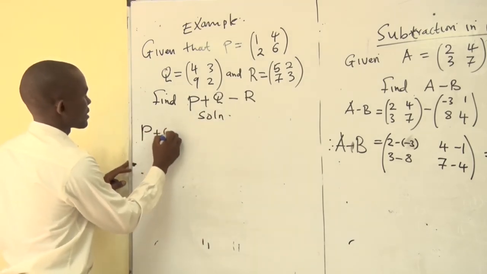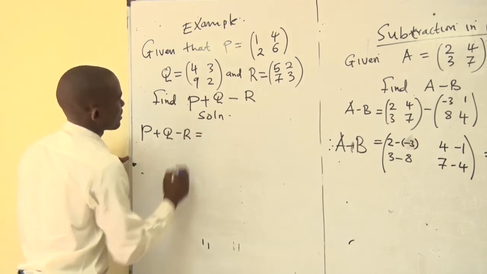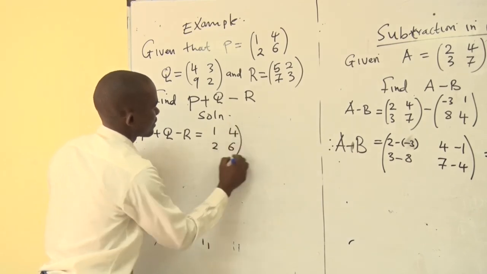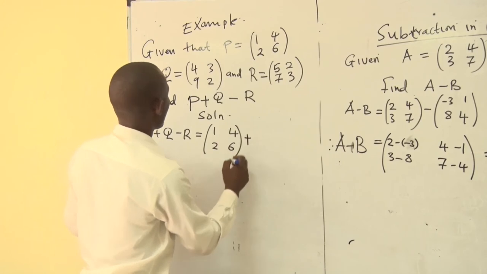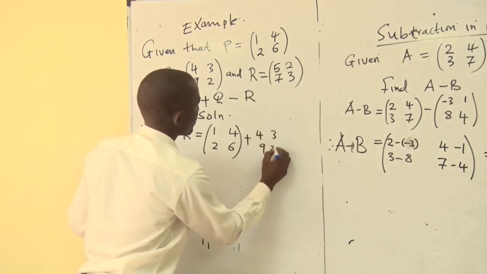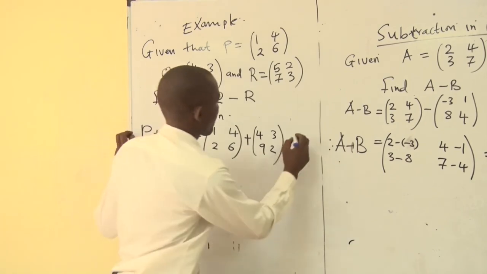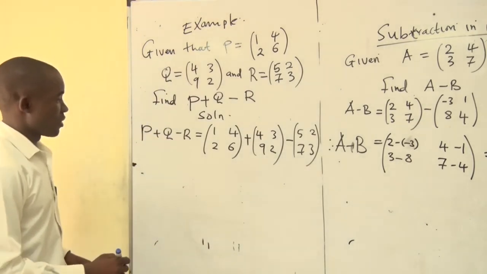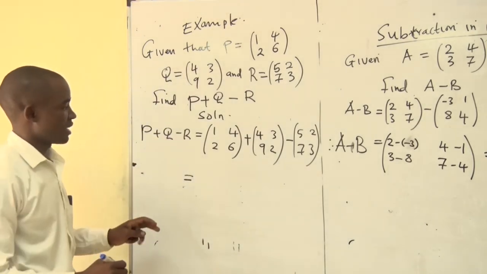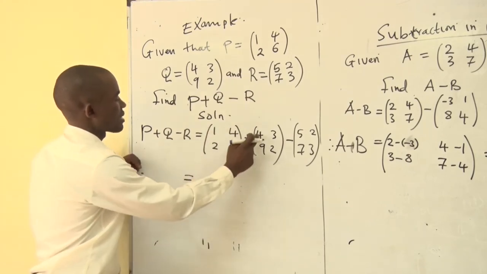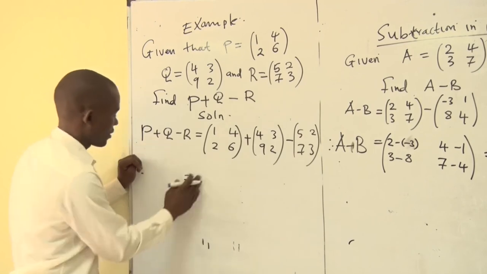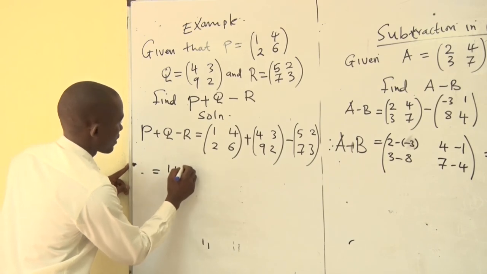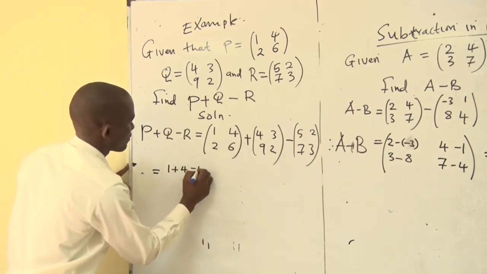P plus Q minus R will be the same as, you just arrange it as it is, 1, 4, 2, 6 plus 4, 3, 9, 2 minus 5, 2, 7, 3. Once you are there, you can rearrange it as you have done it before. So you take 1 plus 4 minus 5.